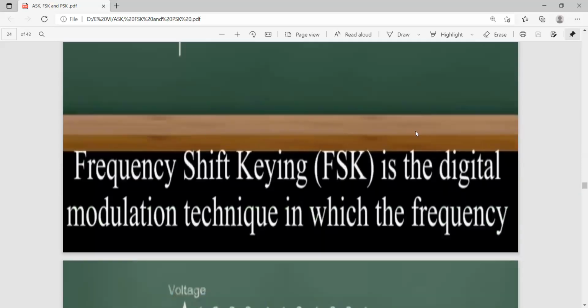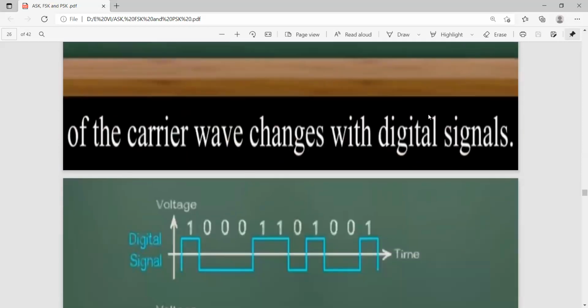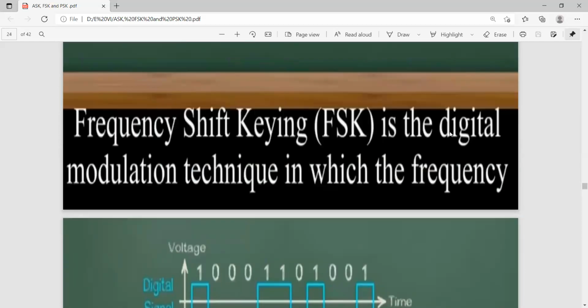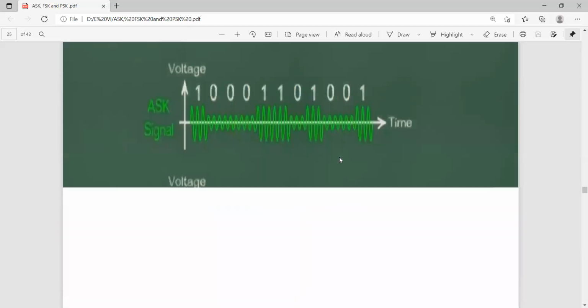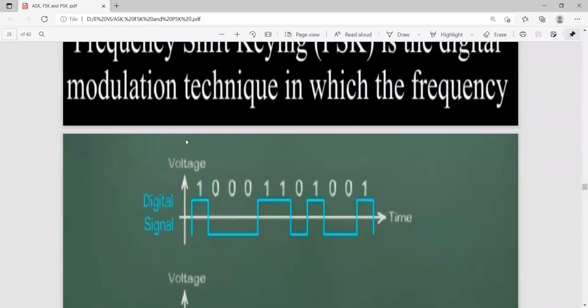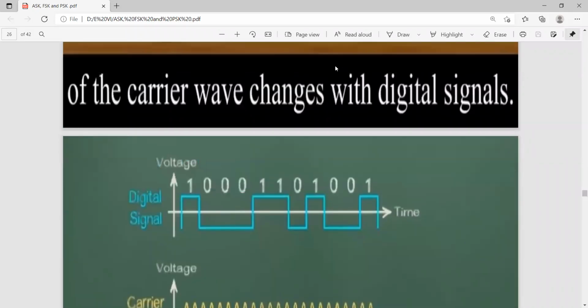You can see frequency shift keying is the digital modulation technique in which the frequency of the carrier wave changes with the digital signal.